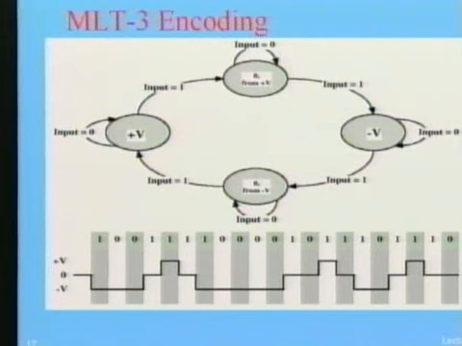Before this coding, we had two transitions. We made sure that we had two transitions to ensure synchronization. Right? These ones and zeros are placed in groups of 5, and each grouping of 5 has two. In the second grouping, although there are two transitions, there is a long stretch where the signal stays the same.